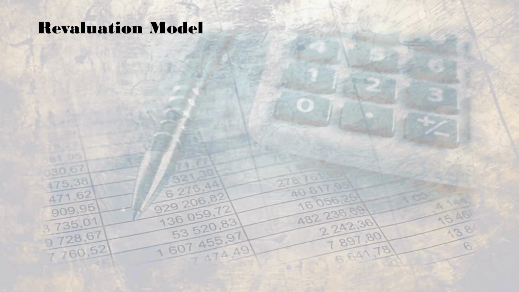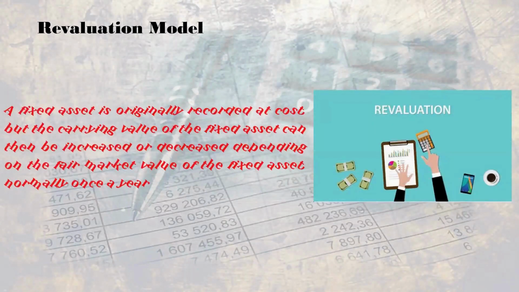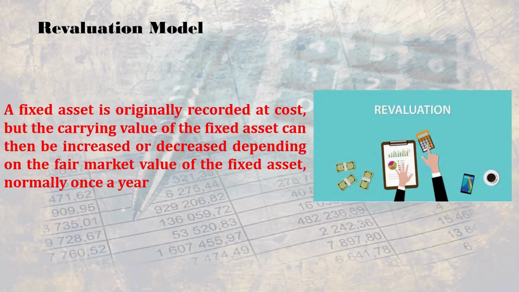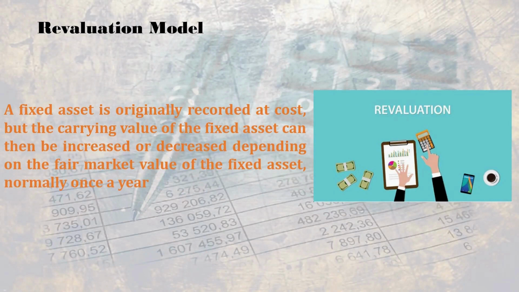And some assets will be there whose value will increase. That is also called the revaluation method. That is, a fixed asset is originally recorded at cost, but the carrying value of the fixed asset can then be increased or decreased depending on the fair market value of the fixed asset, normally once a year. That is the revaluation model.